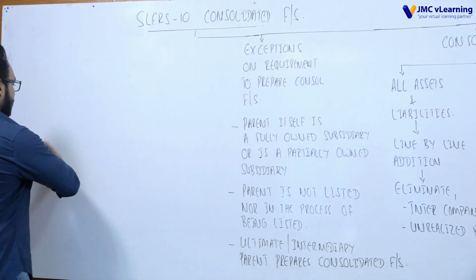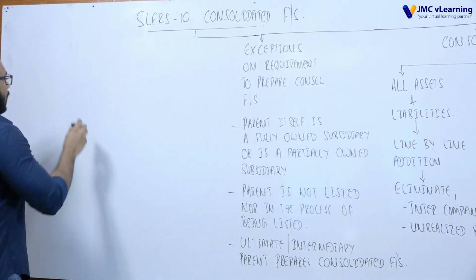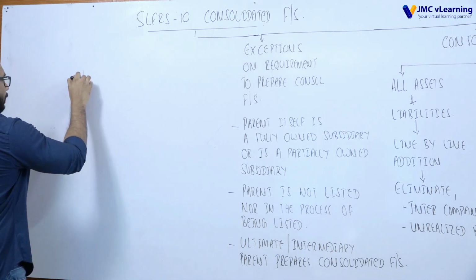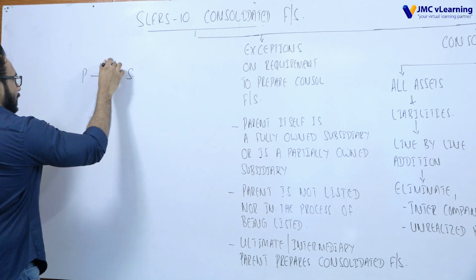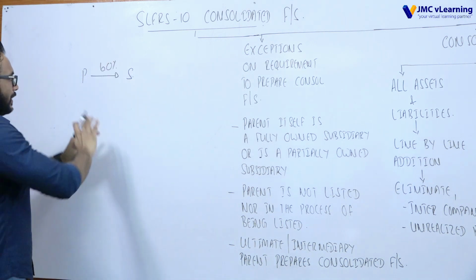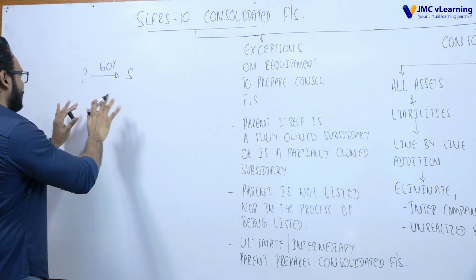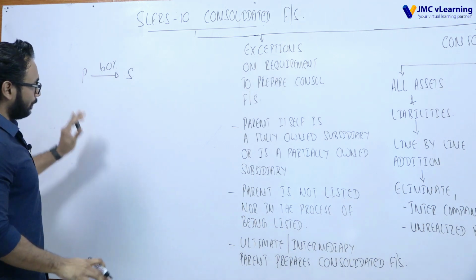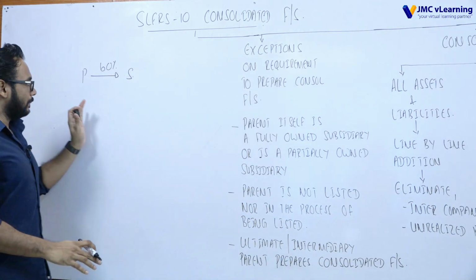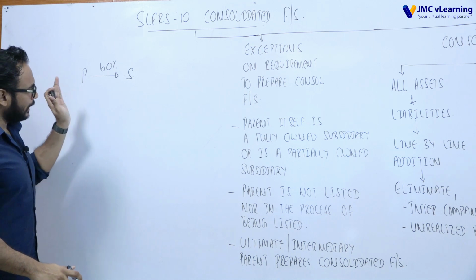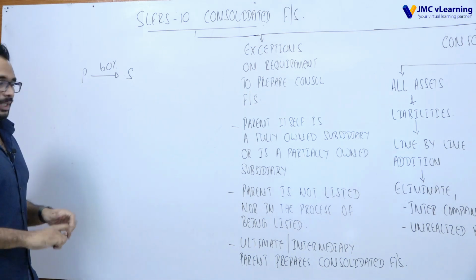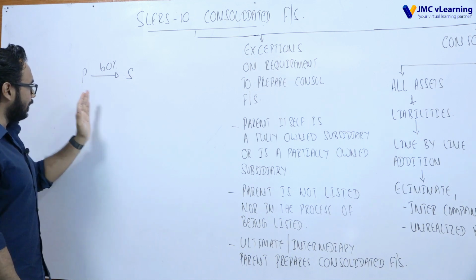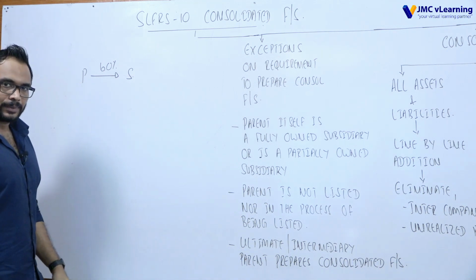So what it means here is, let's say in the example that we took, P owns 60% in S. If this is the case, there is nothing more, no one else owns P, then P has to prepare consolidated financials. There are no exceptions, regardless of what business P is in, what business S is in.